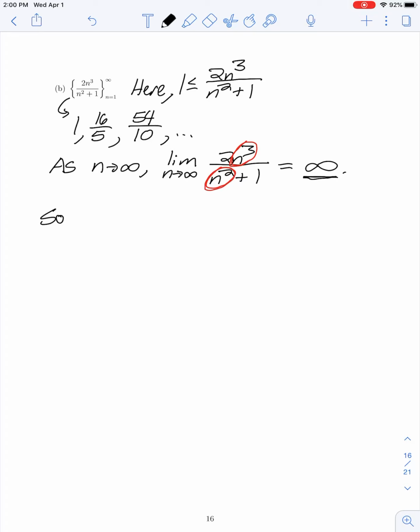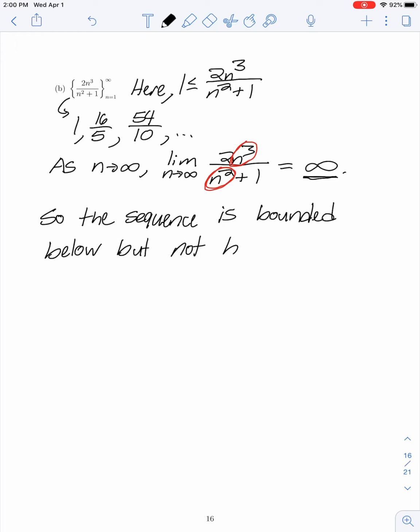So there is no number that we would have for an upper bound. If we were to keep increasing the value of n, we can make the terms of this sequence as large as we want. So here, our sequence is bounded below, but not bounded.